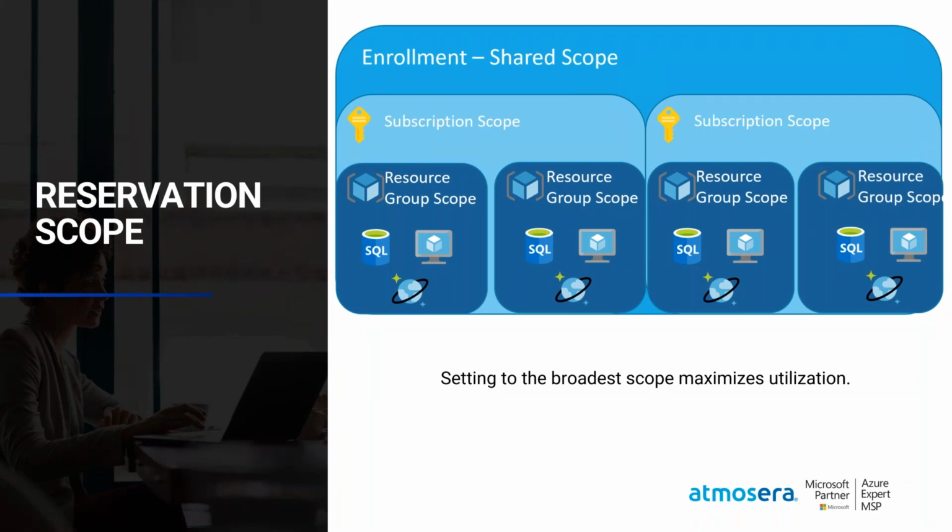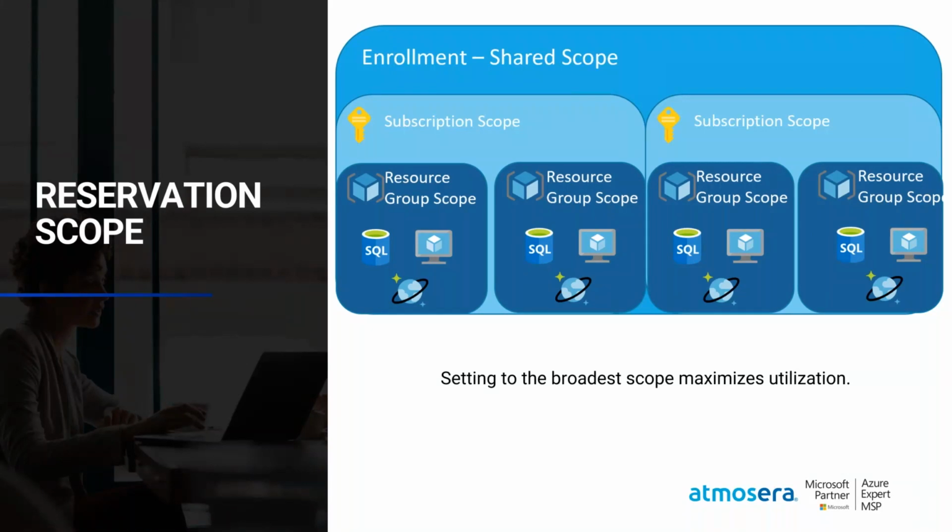Now, sometimes you may not want to do this, such as maybe you segregate internal departments by subscription. Well, you don't want HR to benefit from IT's purchase, so you set it at the subscription level. And maybe in the resource group, you separate out clients.